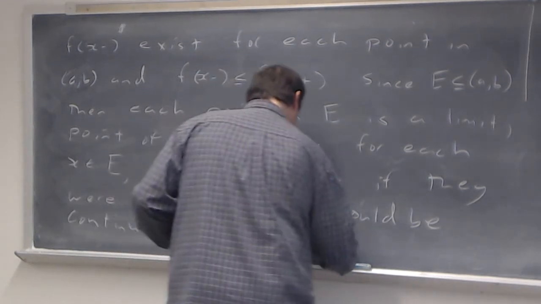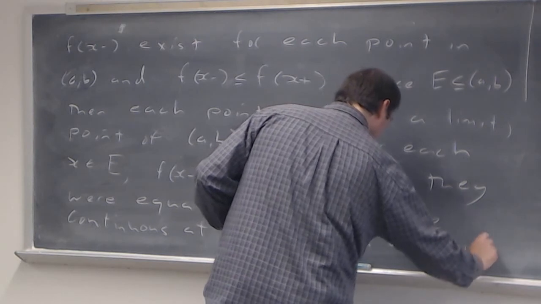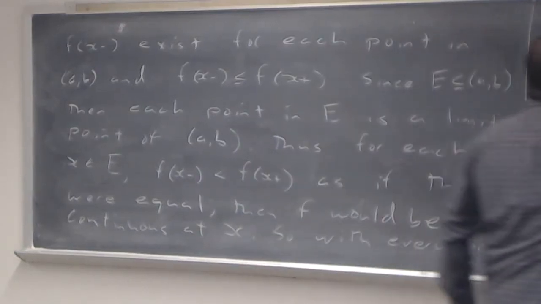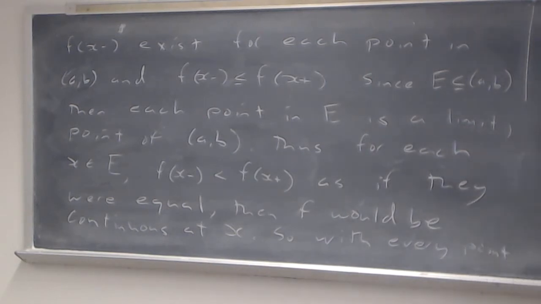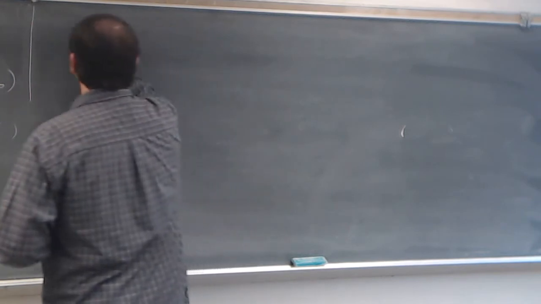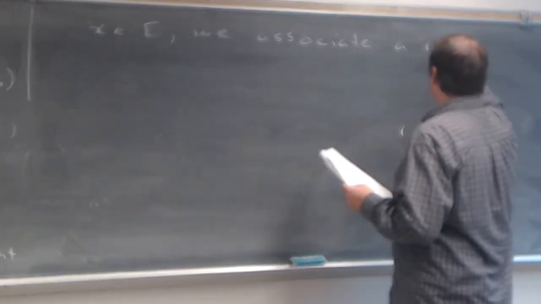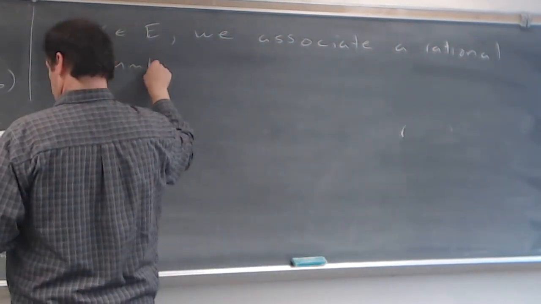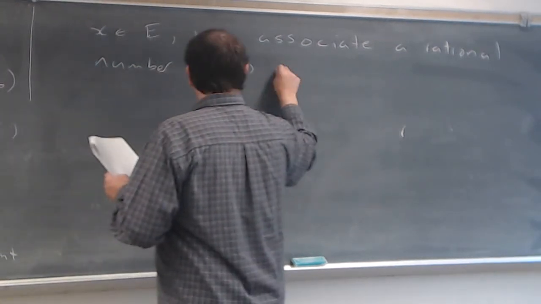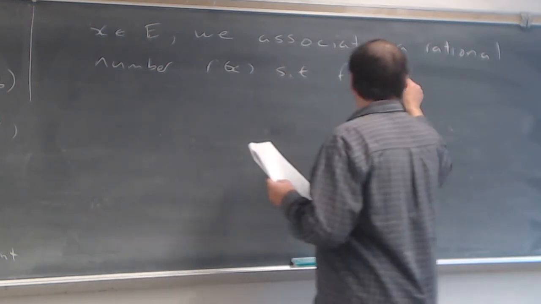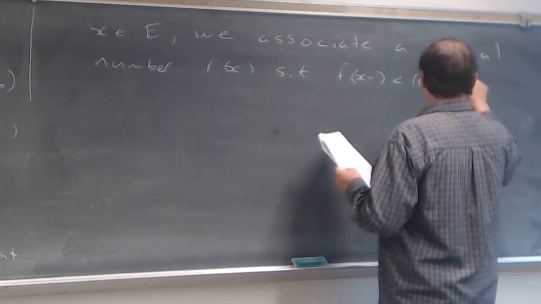So with every point x in E, we associate a rational number r of x such that f of x minus is less than r of x, which is less than f of x plus.